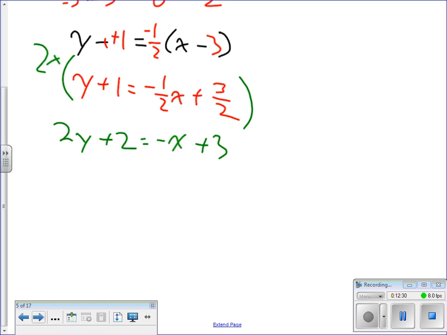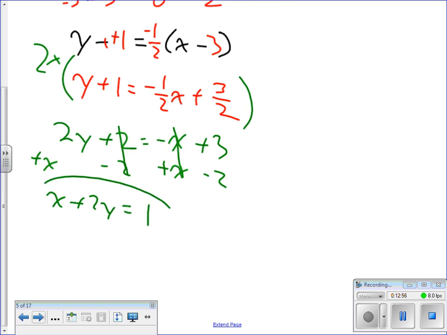Now all I have to do is put my x's on one side: x, y equals number. I want to move the x over, so I add x to both sides. I want to move the 2 over there, so I subtract 2 from both sides. Those cancel. I get x plus 2y equals 1.